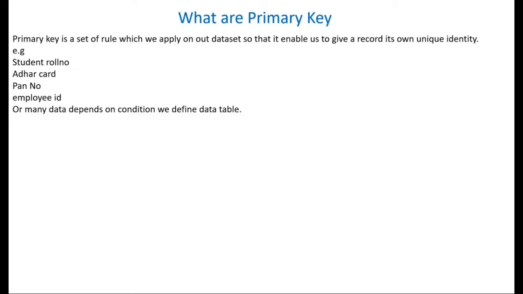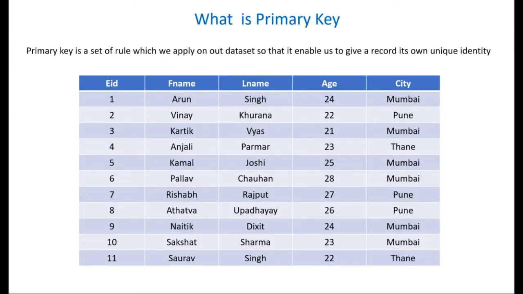So if we are working on a huge data set, the data set provides a key, an exact number, a particular key assigned to a particular record so that the record can be identified uniquely in that data set. Like in this table, you see this is a record in which I have defined employee ID, first name, last name, age and city.